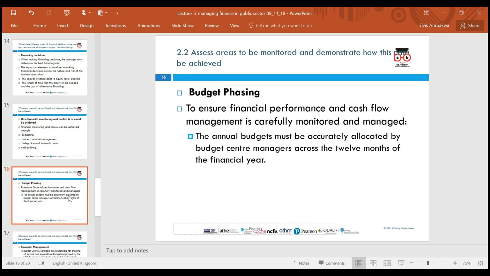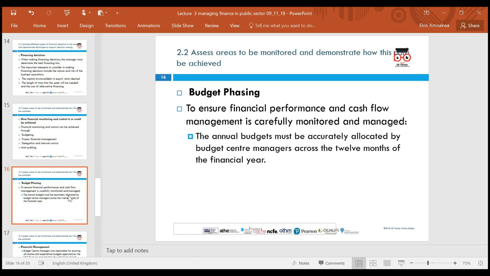Let's look at the budgeting. Now, we often do budget on a daily basis or on a weekly basis when we are able to get our wages and you want to go and buy things. So everybody is doing budgeting.